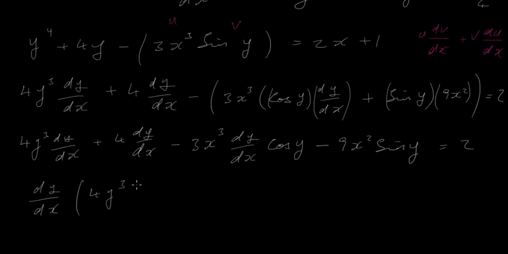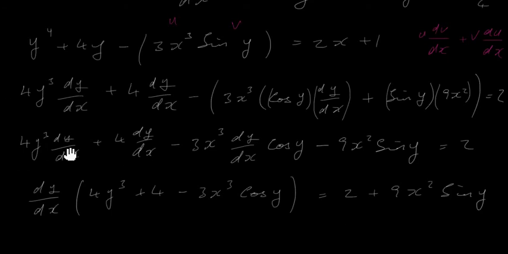Here we end up with plus 4. Here we end up with minus 3x cubed cos y. I think that's it. And over here we end up with 2 plus 9x squared sine y.